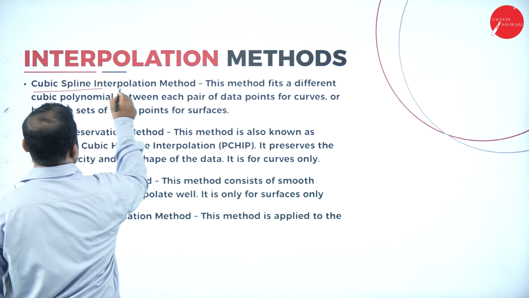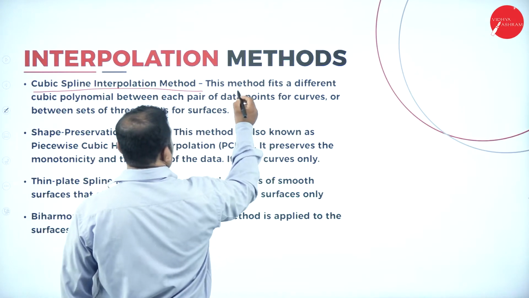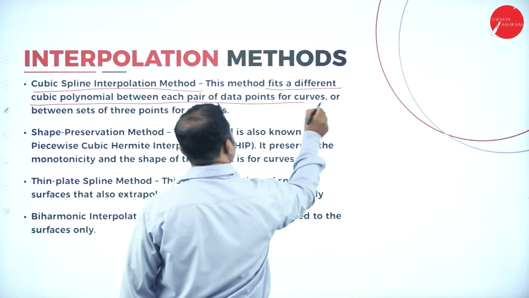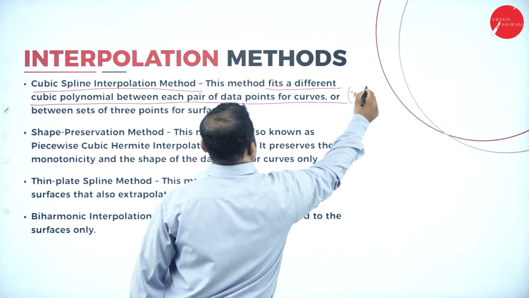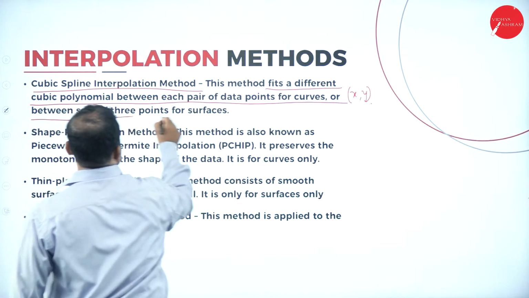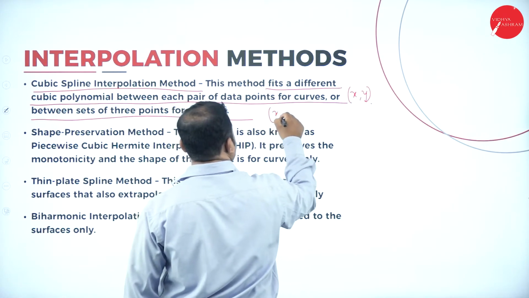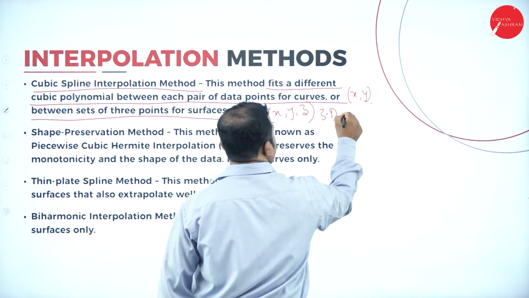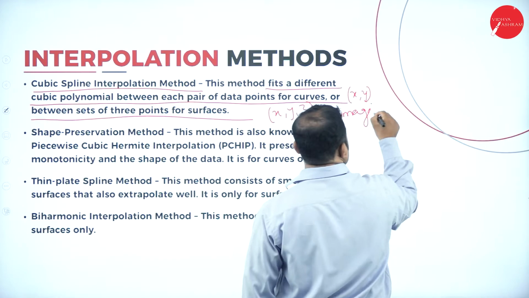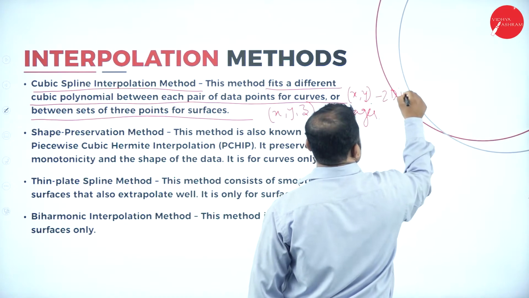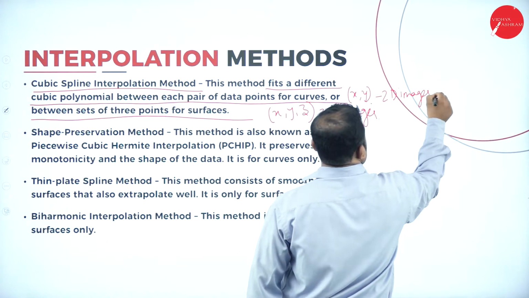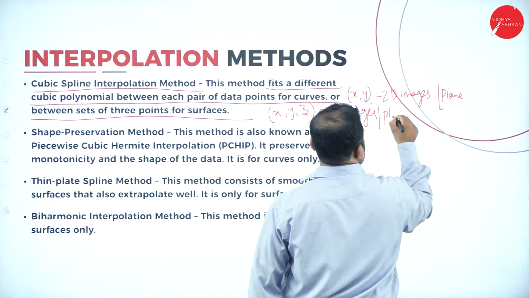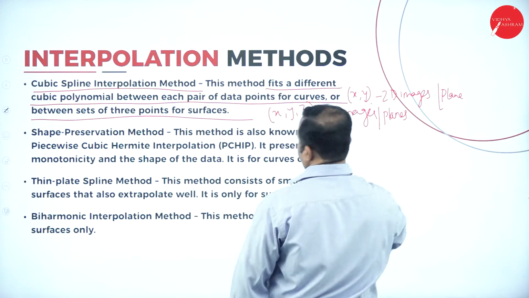The cubic spline interpolation method is the next method. This method fits a different cubic polynomial between each pair of data points x, y, or between sets of 3 points for surfaces, that is x, y and z in the case of 3-dimensional images. This is for 2-dimensional images or planes, and 3D planes.